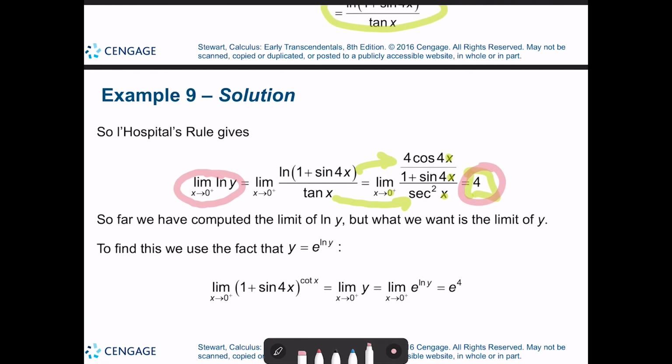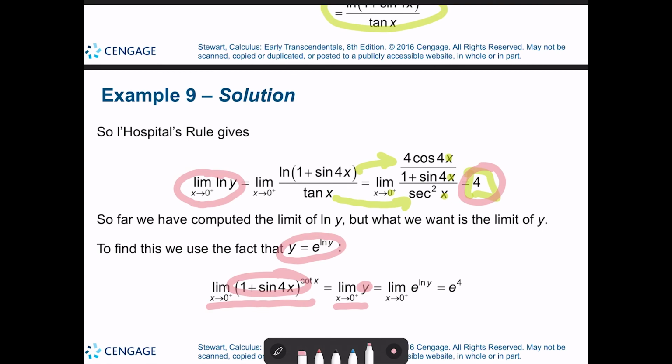Or how do we conclude the process of finding the limit that we were originally asked about? We remember this fact here, and we evaluate this limit as equaling the limit applied to y.